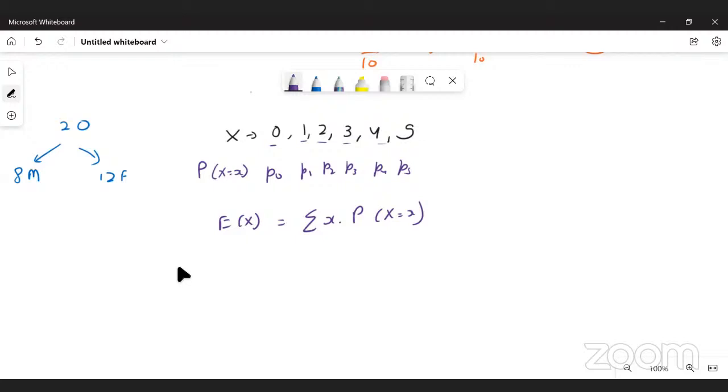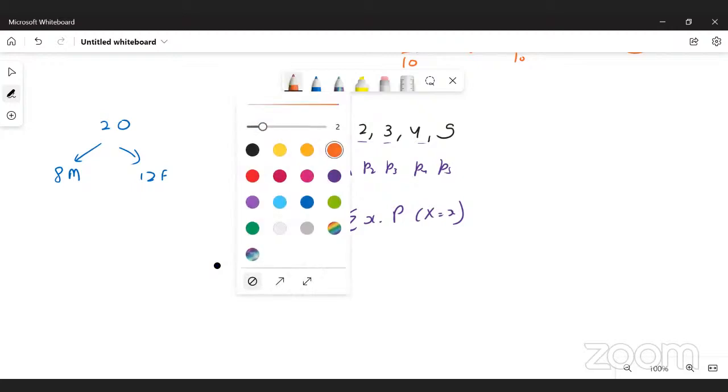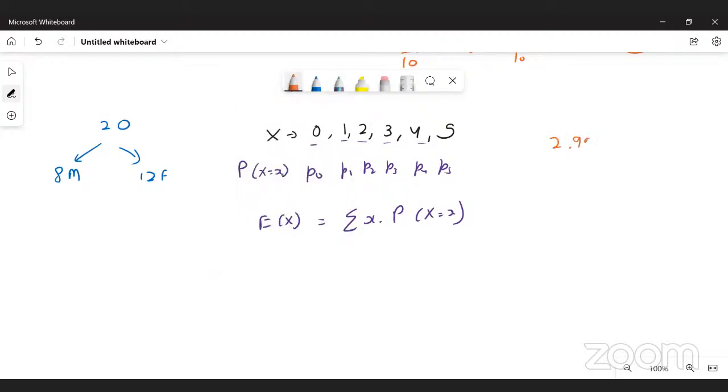You will get close to 3. The value you are getting, 2.996, is basically because of rounding off, because it's possible that you might be rounding off to 3 decimal places and then adding them all, right? So it could be one of the possible reasons, but the actual answer is 3.